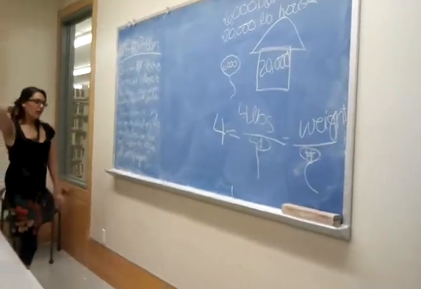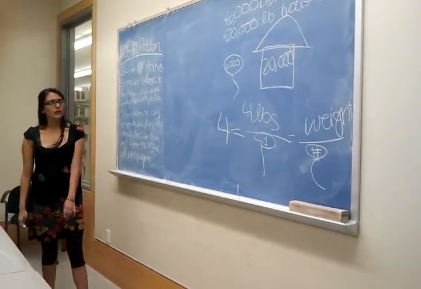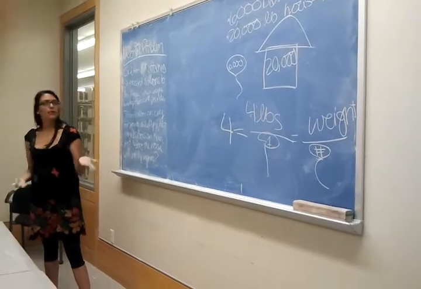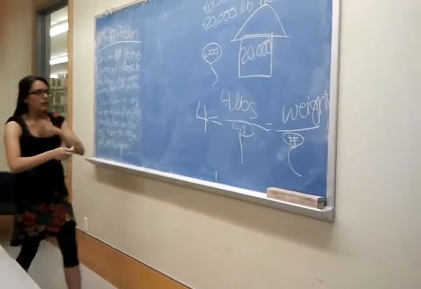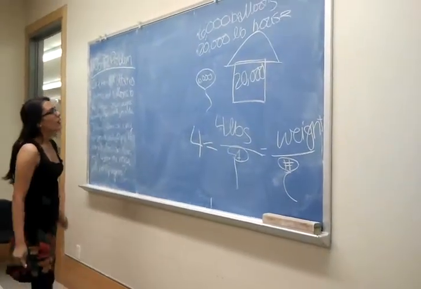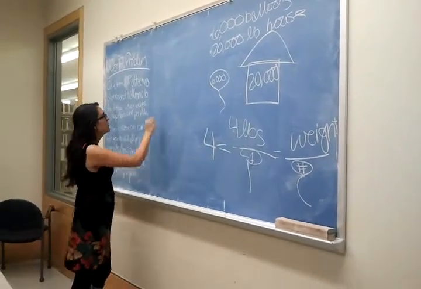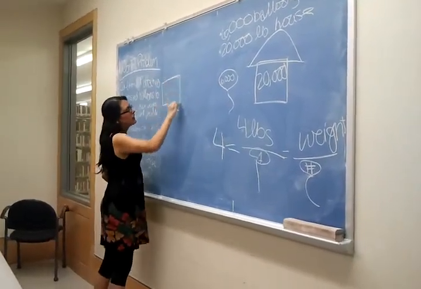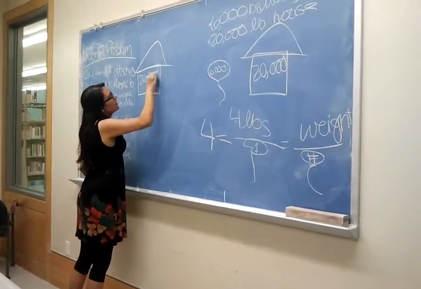Does that make sense? Yeah. Okay, good. Alright, so the next thing we're going to do is try and find the number of balloons we actually need to hold up the house, right? So the house will fly. So remember what I told you here about the weight divided by the number of balloons being 4? Okay, well in this case, our weight is our house, right? Which is 20,000 pounds. So let's draw our house up here. And that's going to be 20,000 pounds.